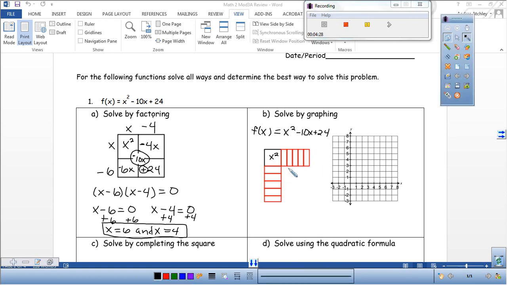Okay, so the length of the side is x, and then since it's negative, minus 5.